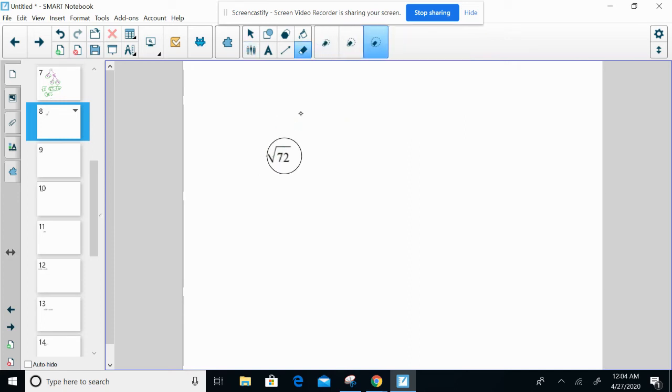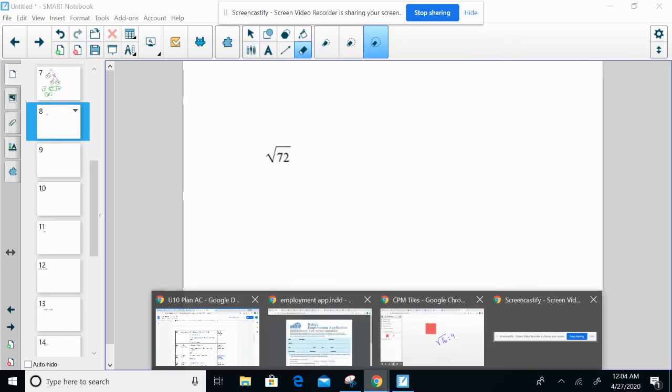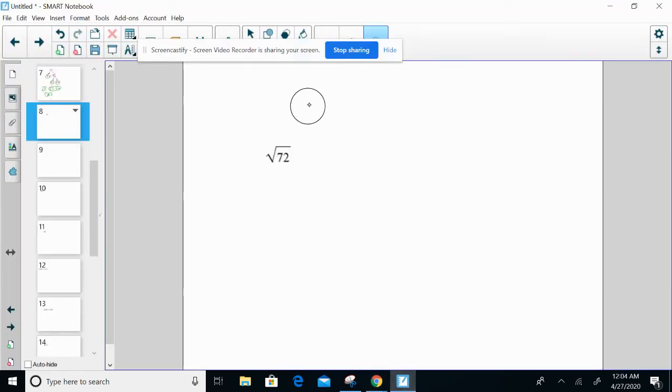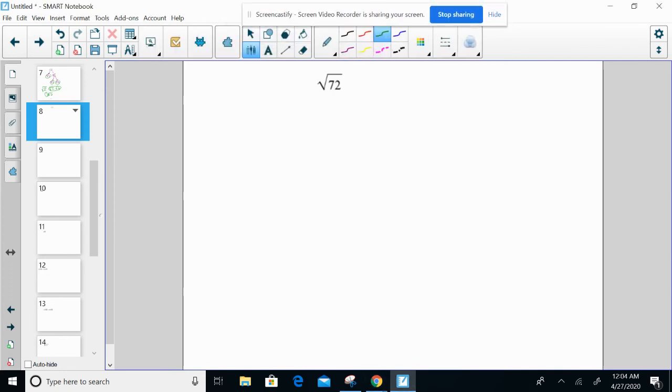All right. Let's do, I think, one more. All right, we got 2 more. So 72. Let's just pick 2 numbers that multiply to 72. 9 and 8. 9 times 8 is going to be 72. 9 can be broken down into 3 times 3.